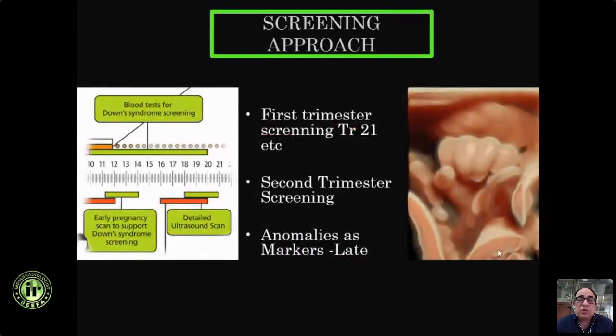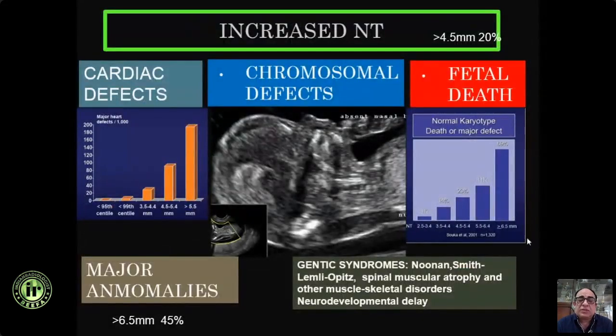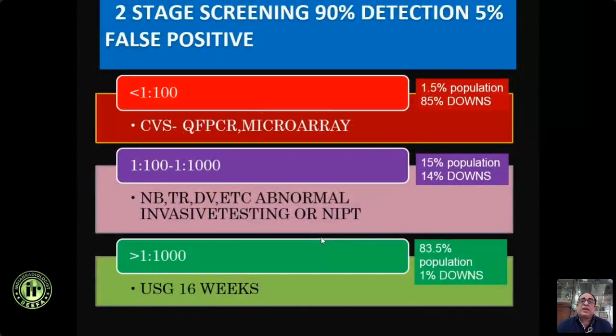So the screening approach, you have just seen: first trimester, second trimester, and of course anomalies. And by far the biggest boost to prenatal diagnosis has been this one image of nuchal edema, which alerts us to the fact that there is something wrong with the pregnancy. And then we go by Kypros's two-stage screening program, wherein if your risk is high, more than 1:100, then we offer an invasive diagnosis in the form of CVS.